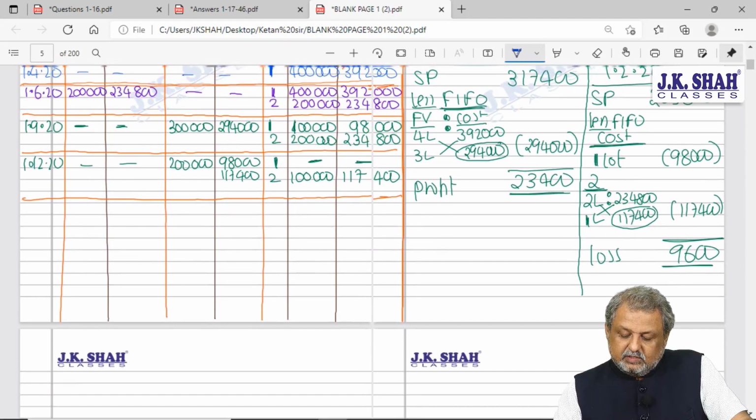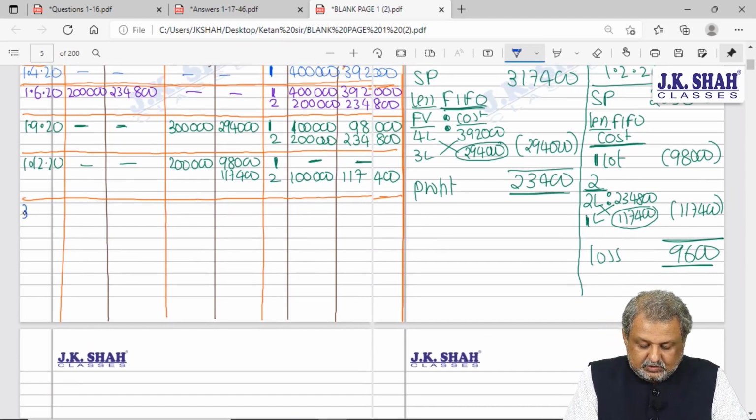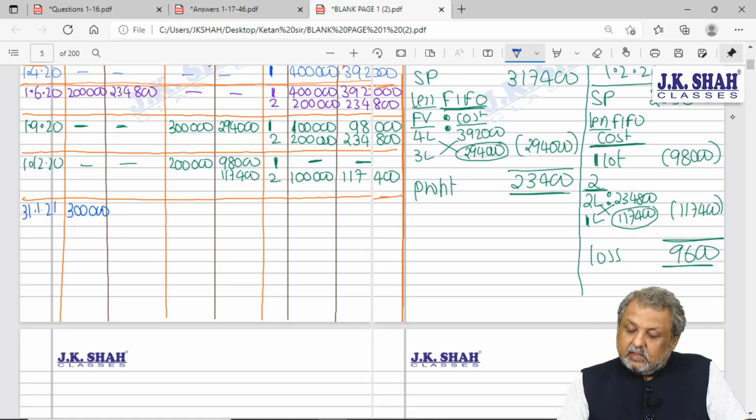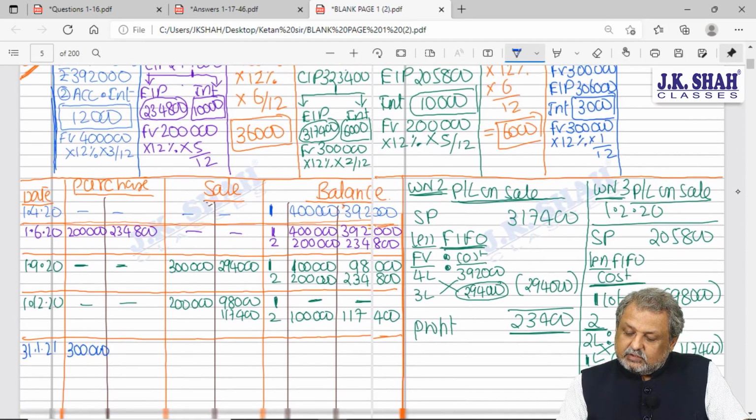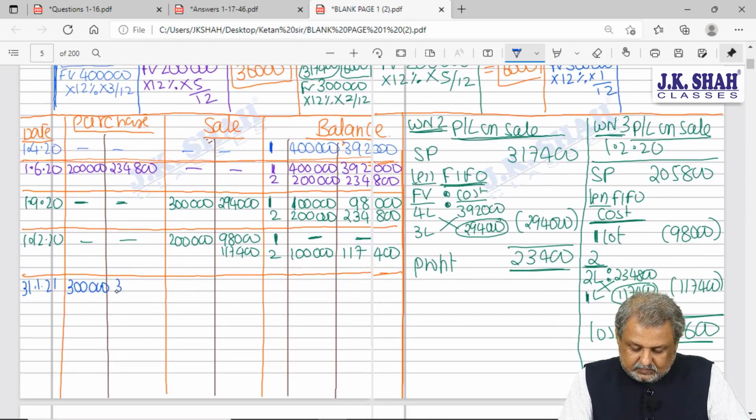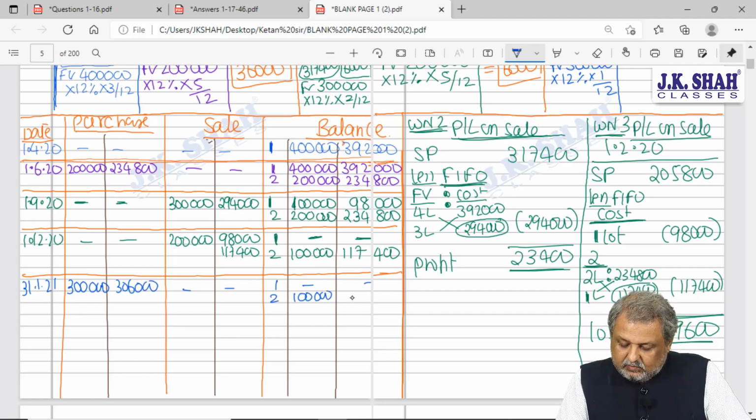So now there is purchase on 31st January 21, 3 lakhs and 3,06,000. So now lot number 1 is gone, lot number 2 is 1 lakh, and it will be 117,400.